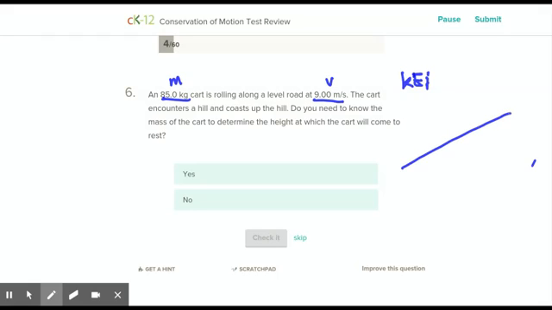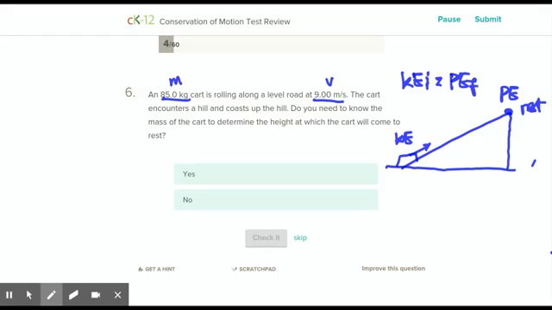Imagine the cart is right here when it starts. It's going up, so there's only kinetic energy and no potential energy. When it stops at the top to rest, it's not moving, so there's no kinetic energy, only potential energy. So kinetic energy is equivalent to the potential energy at the end.